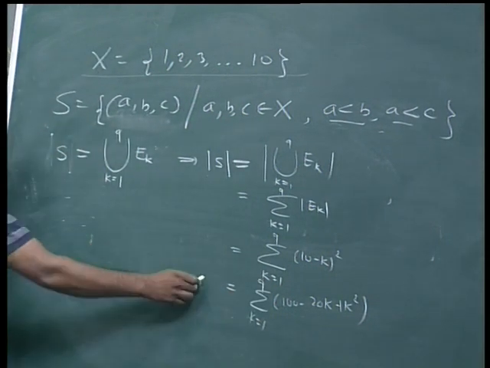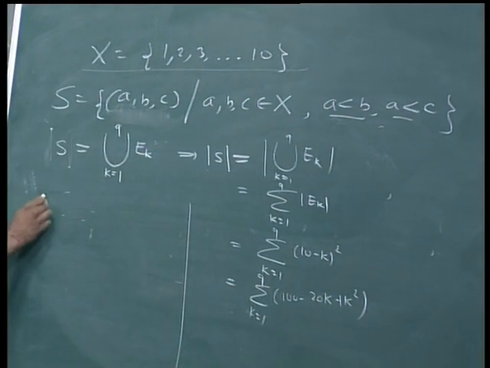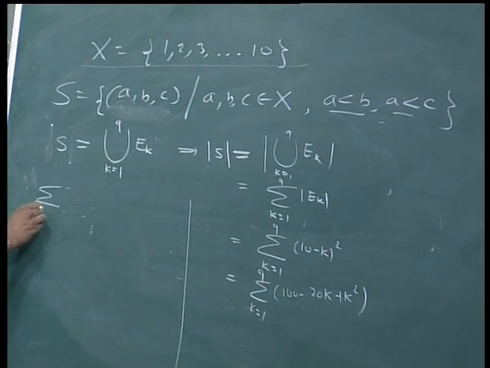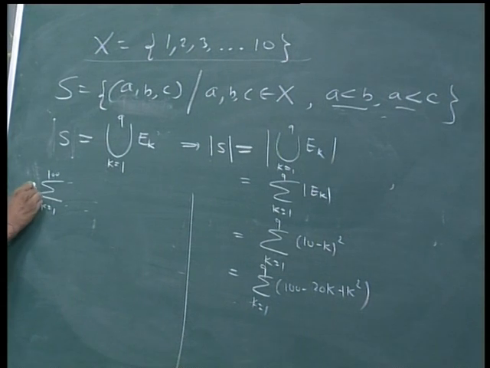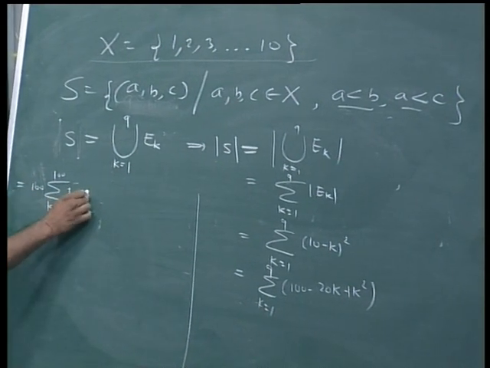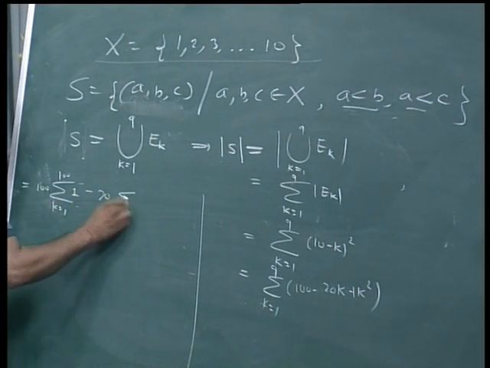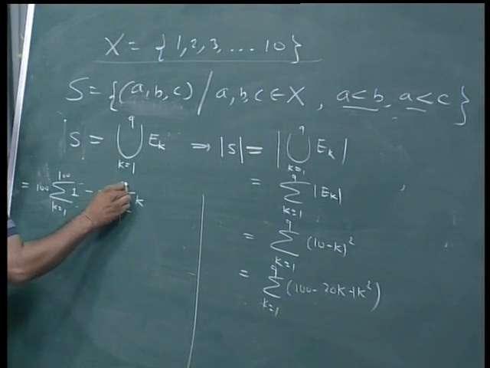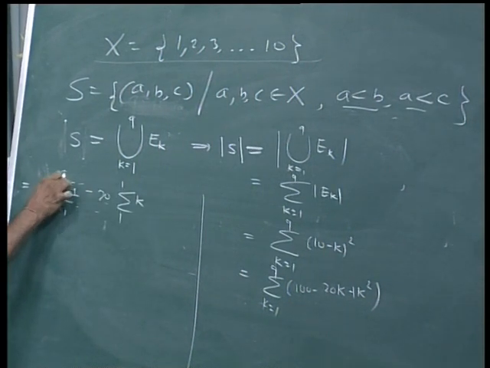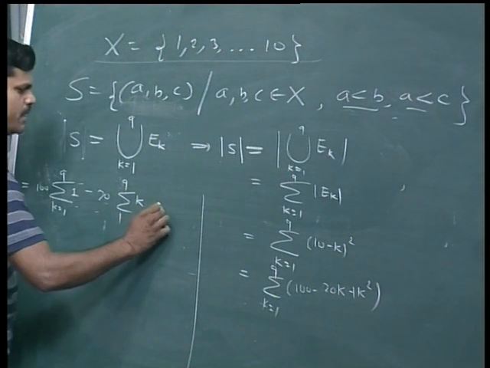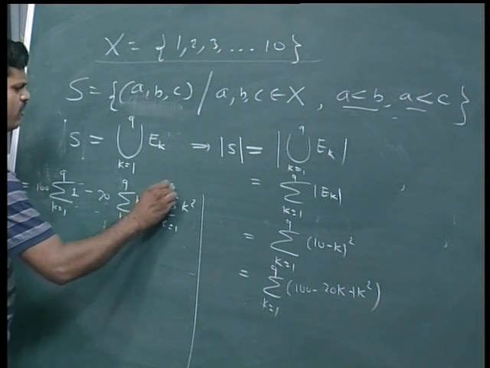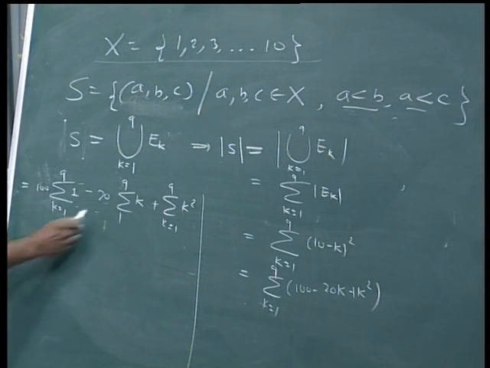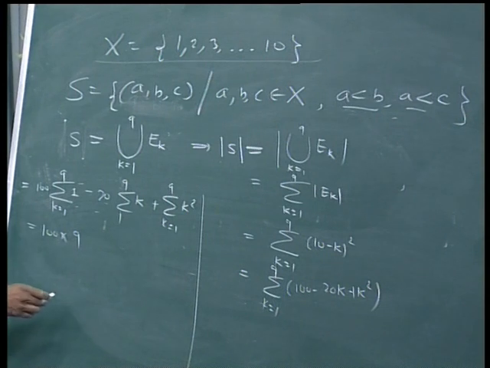So this is equal to, I am writing 100 outside sigma k is equal to 1 to 9, minus 20 sigma k, 1 to 9, plus sigma k square, k is equal to 1 to 9. And you know how to compute all these values. What is the answer for the first one? 9.